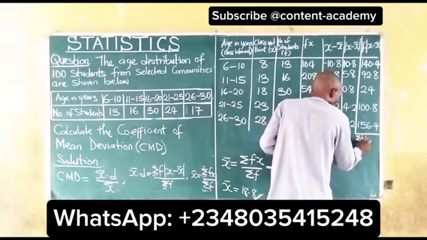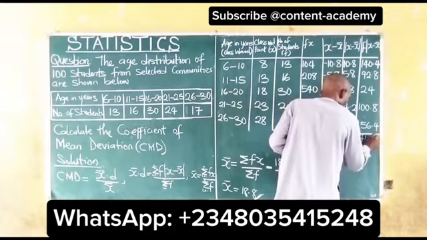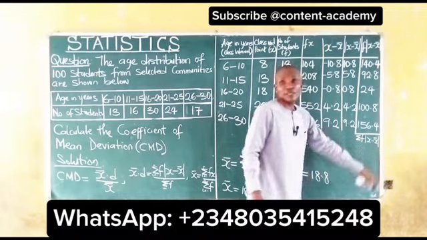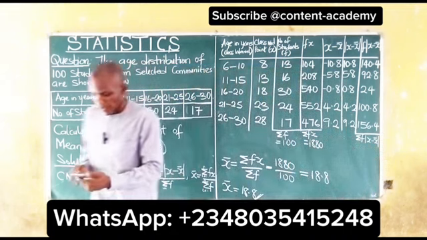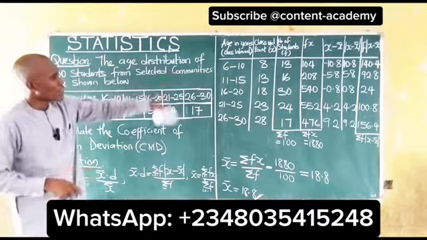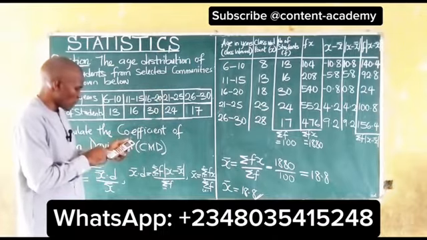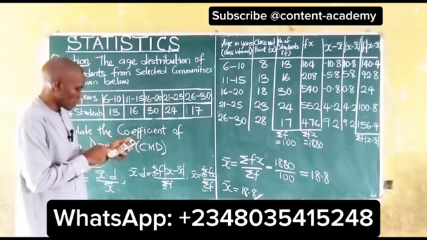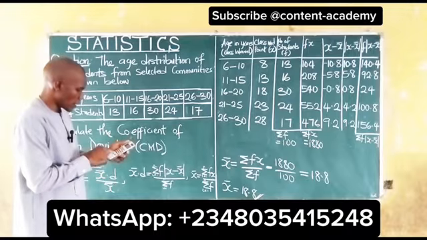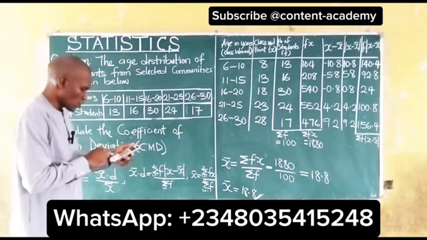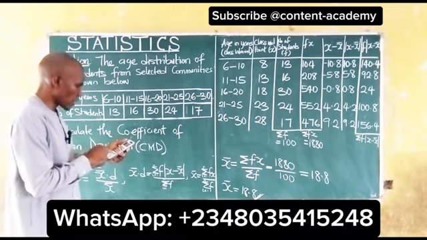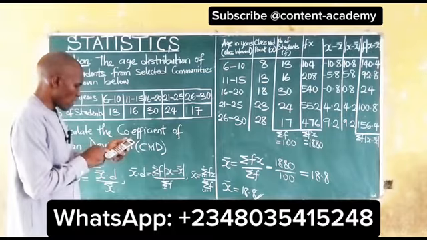We can also find the sum of what we have here. That is f multiplied by x minus x bar. They are all in bar. Now we can find the sum of that. That is 140.4 plus 92.8 plus 24 plus 100.8 plus 156.4.